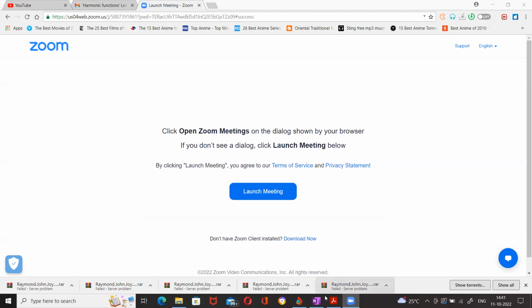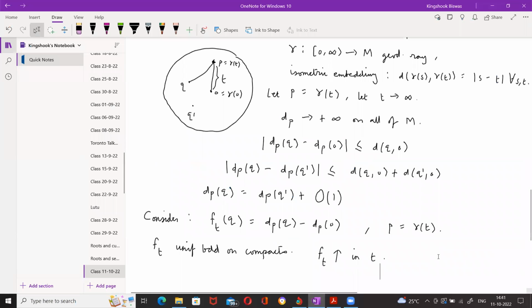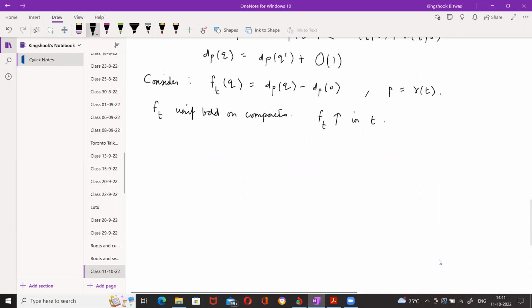Okay, so actually to see this is monotone increasing is very easy. It's just the triangle inequality. So wait, what is this?